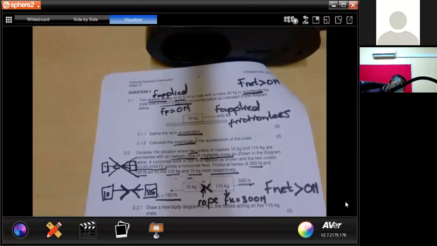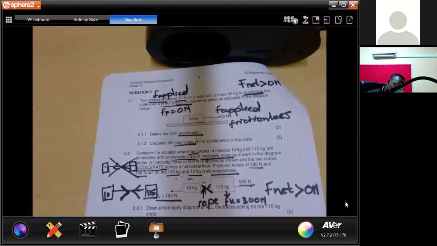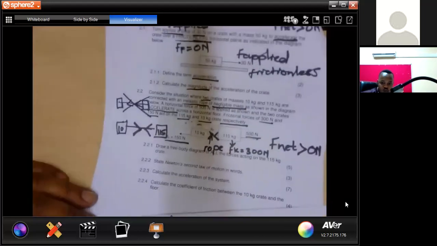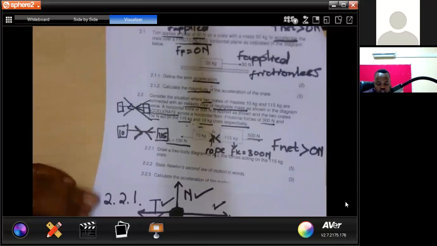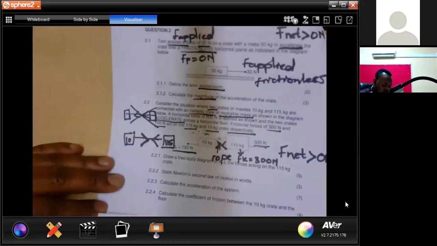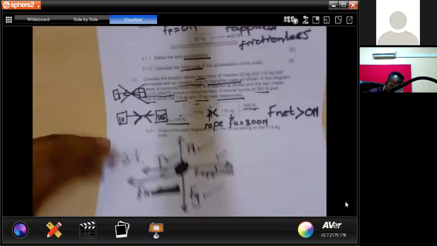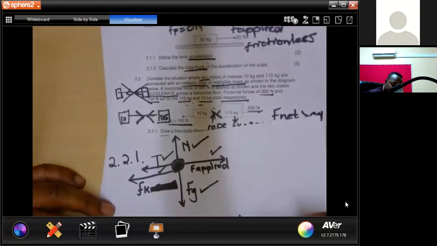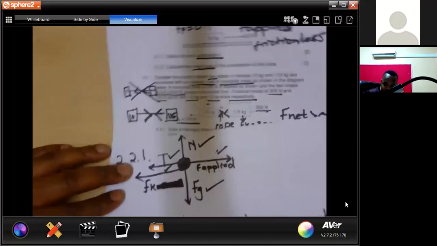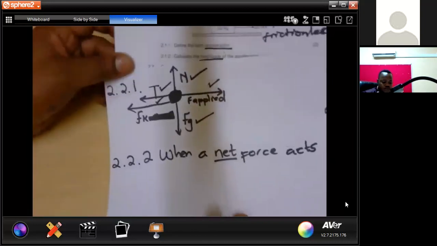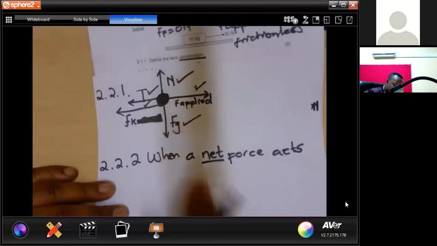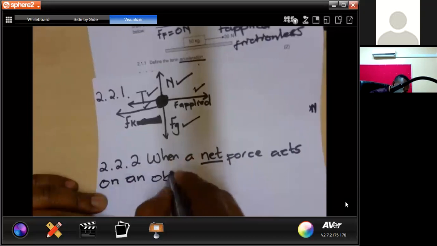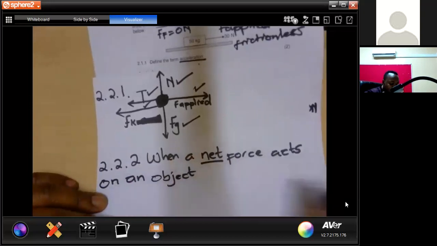2.2.2, and they say we must state Newton's second law of motion in words. And if you check there, we have allocated how many marks? 3 marks. So to state Newton's second law of motion, you will say when a net force acts on an object, right? There is a net force. Remember, it acts on the object.